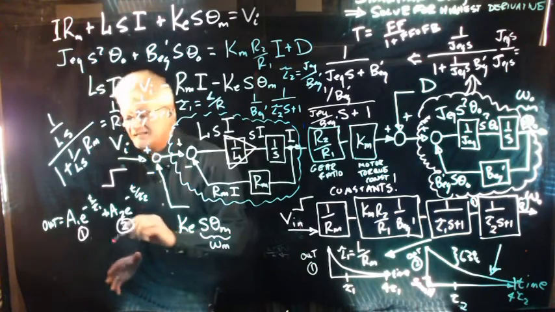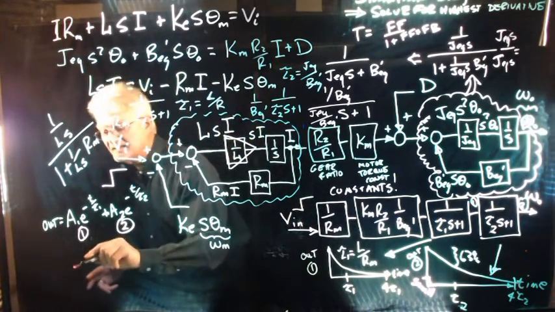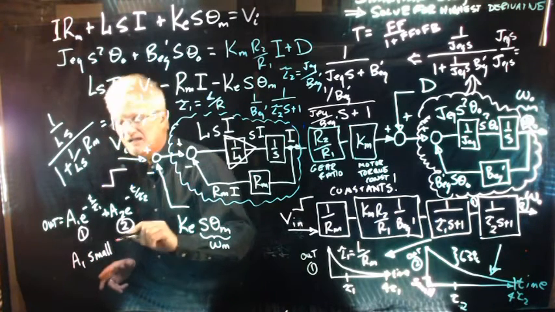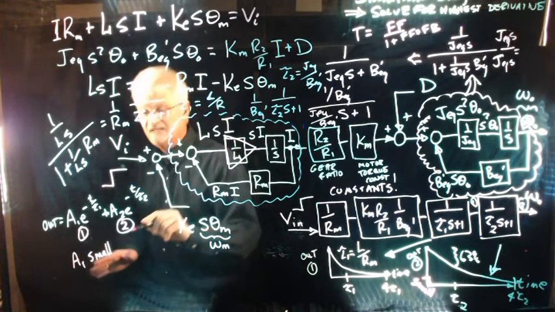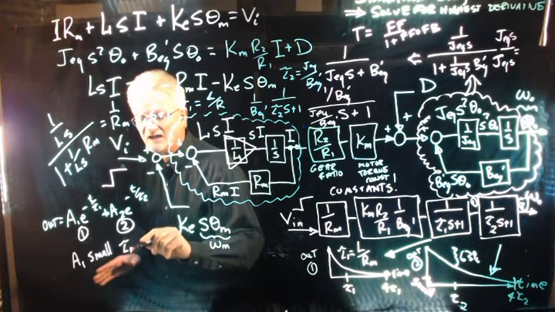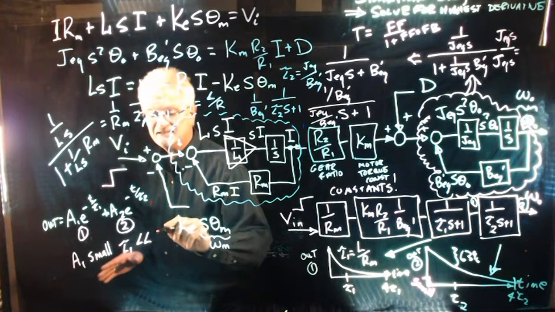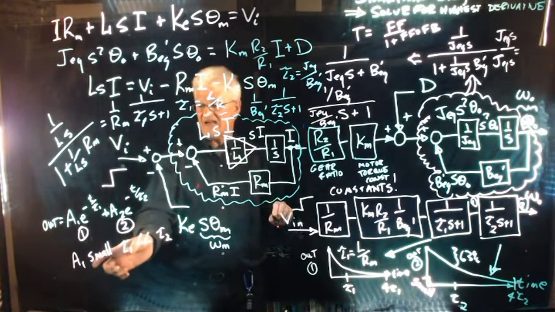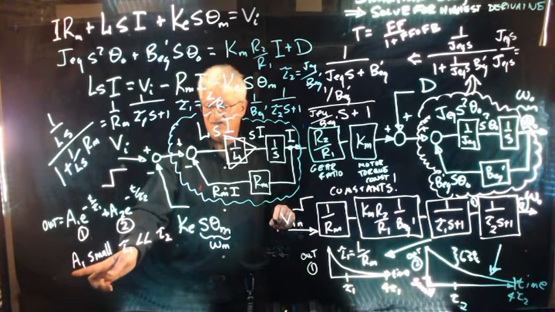And what we're going to see is that typically, I know this is small. This is small because A1 is small when tau 1 is much, much less than tau 2. So that means when the time constant is really fast, that corresponding coefficient is small.